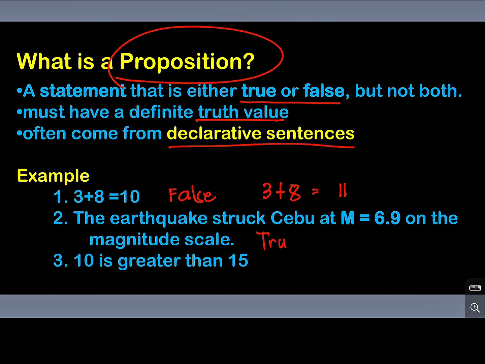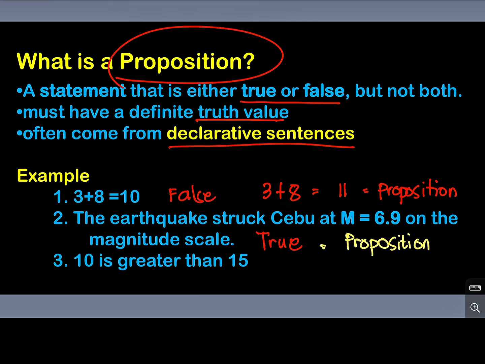Number 2. The earthquake struck Cebu at M equals 6.9 in the magnitude scale. The statement here is true, so it is a proposition. It has a clear statement and has a truth value, which is true.